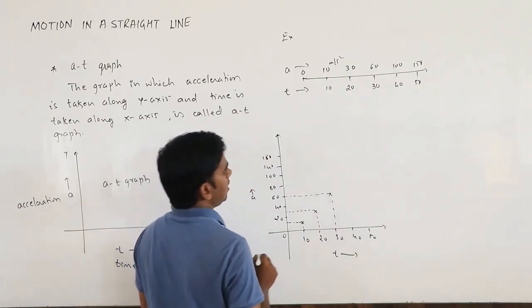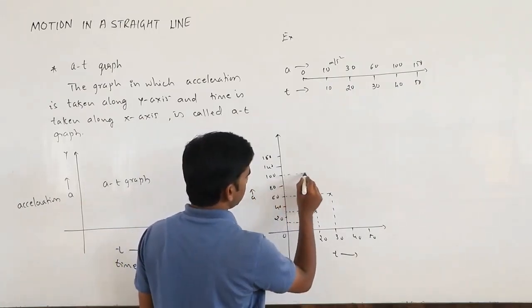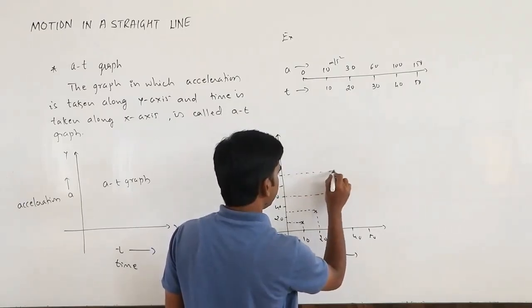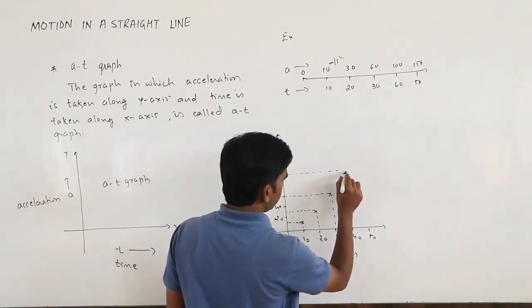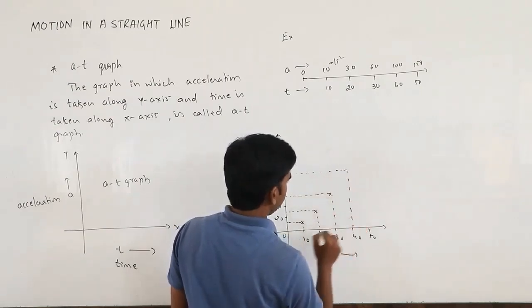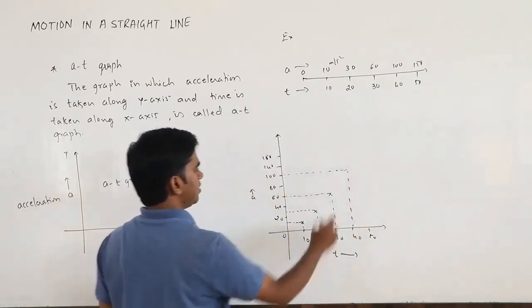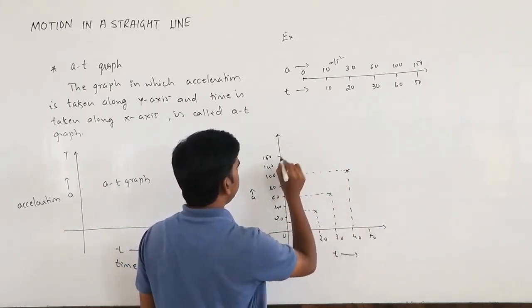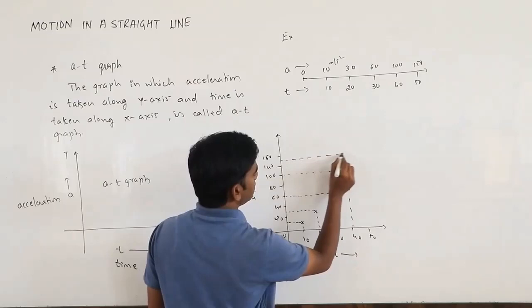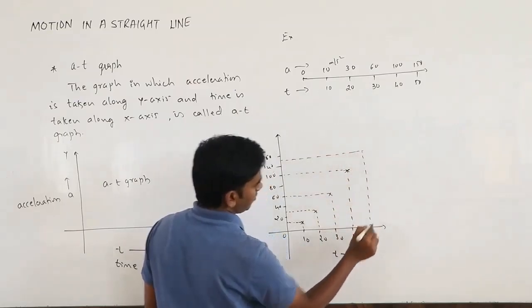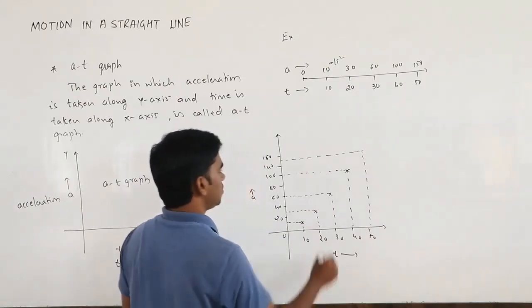Then for 40, it is 100. Then for 50, it is 150. So here it is. For 50 it is going to be 150.